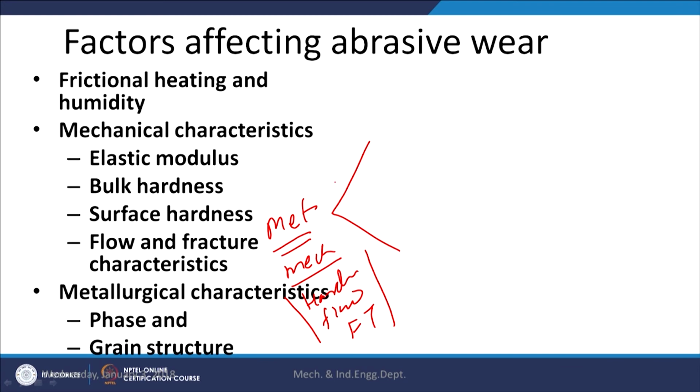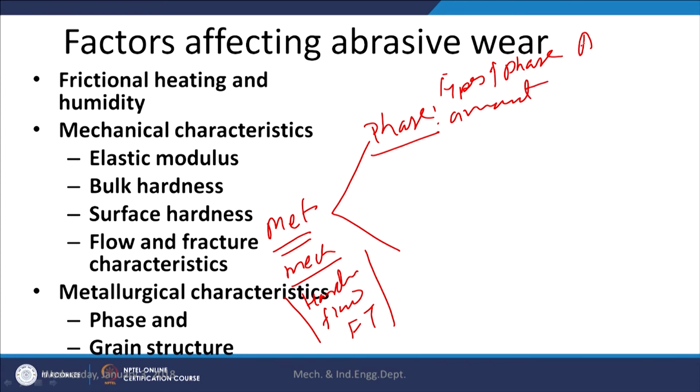As far as the metallurgical properties are concerned, we need to consider the phase structure, meaning what different types of phases are present and what is their relative amount. Like the matrix is aluminum and 20% is silicon carbide. This is the matrix, one phase, and this is another phase.